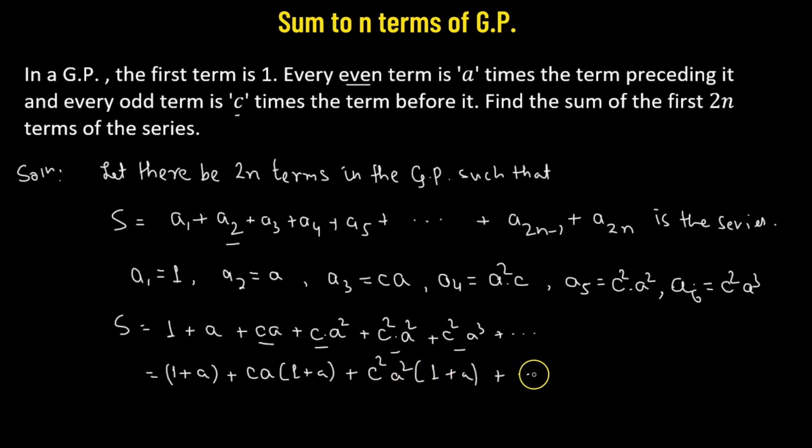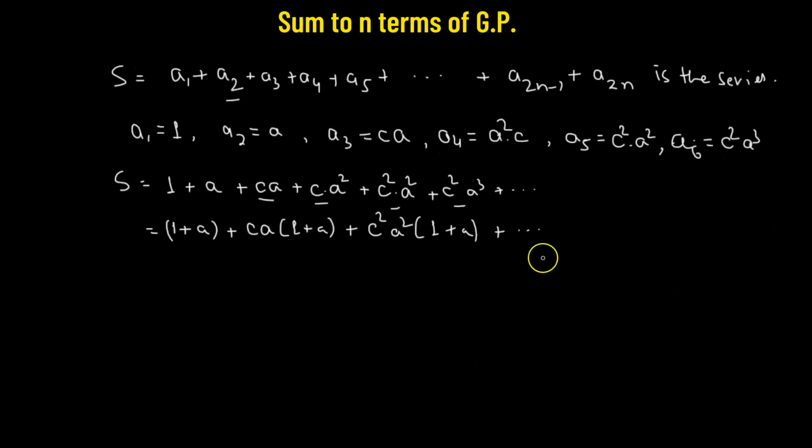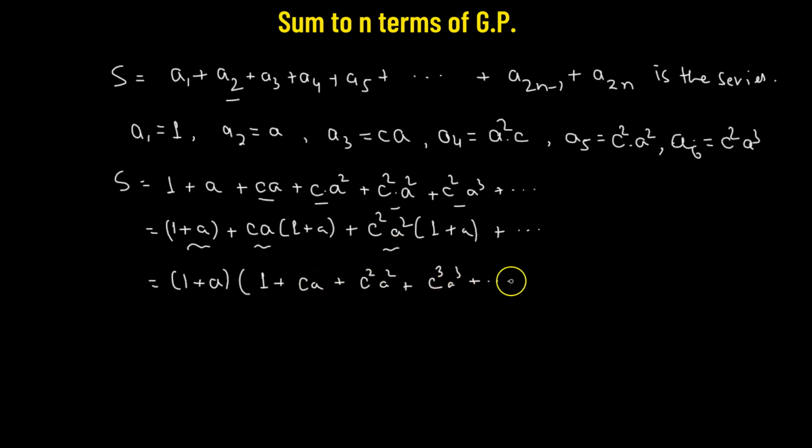So we can easily see a trend has been followed here. If we take 1 plus a as a common factor from each of the terms in the entire series, then 1 plus a will get multiplied to, from the first term we're left with 1, from the second term we're left with c times a, from the third term we have c squared a squared, and this means our next term will be c cubed a cubed, and so on.